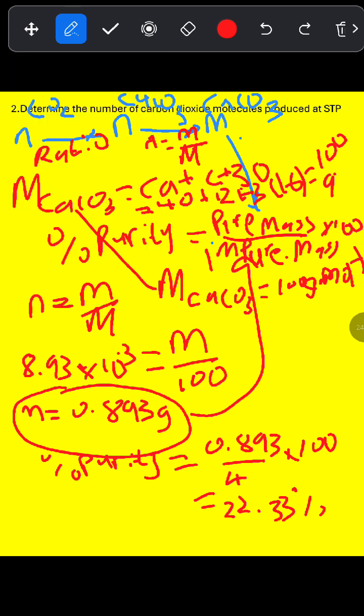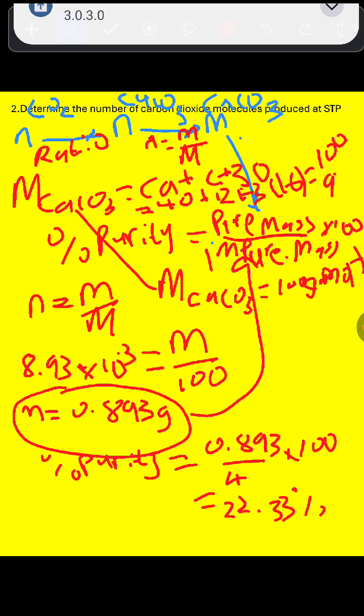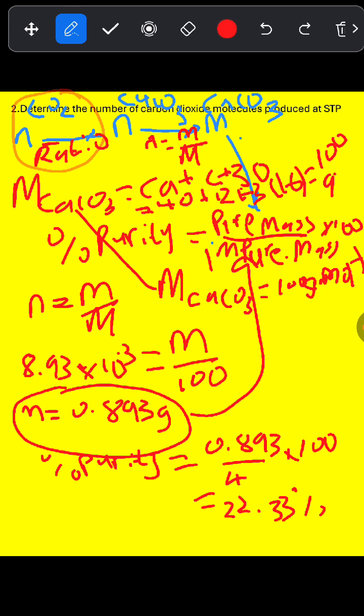So to explain, for percentage purity, I got the number of moles of carbon dioxide, used those to get the number of moles of calcium carbonate, then used those to get the mass of calcium carbonate, which is the pure mass.